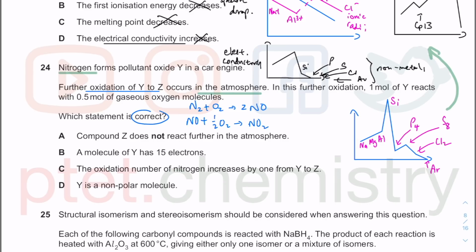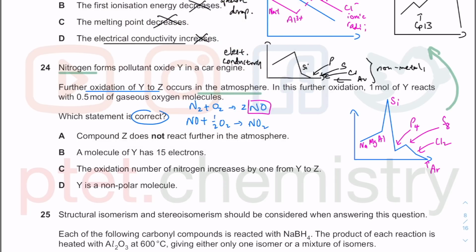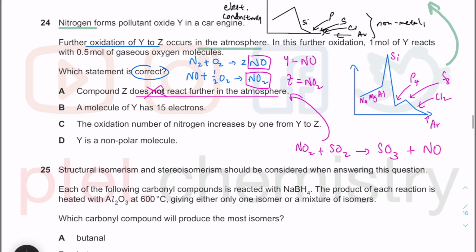So compound Y must be NO, and compound Z must be NO2. So the statement that compound Z does not react further in the atmosphere is incorrect. We know that NO2 plus SO2 helps to catalyze the formation of SO3, and that will go on to form acid rain in the upper atmosphere.